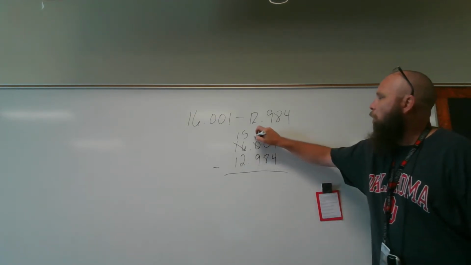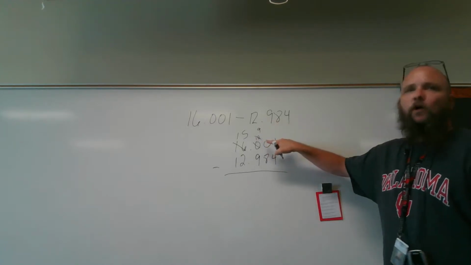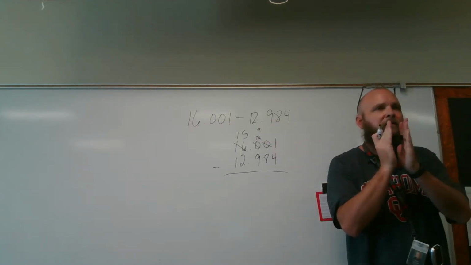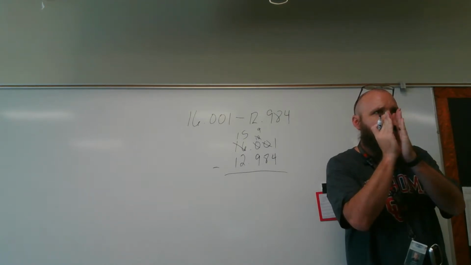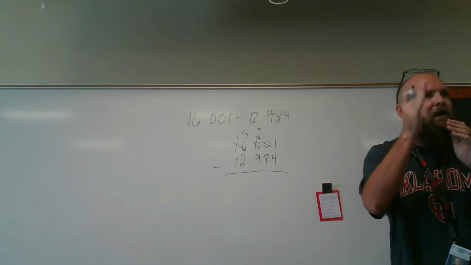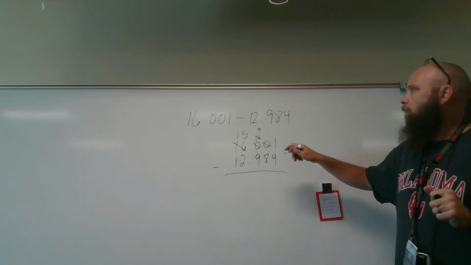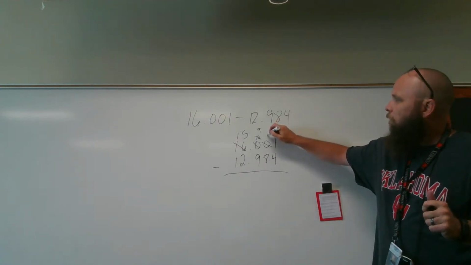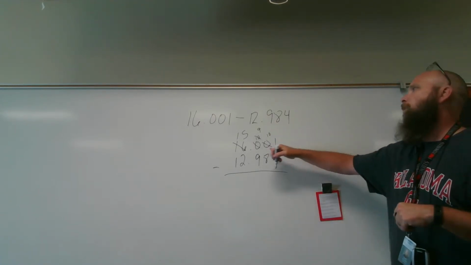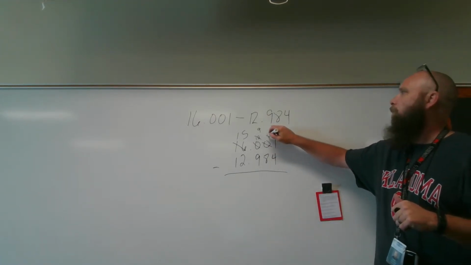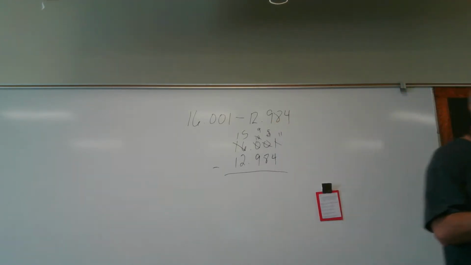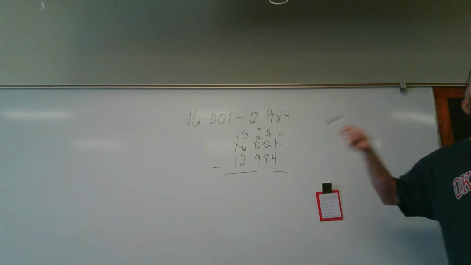So I have to borrow one of those 10 and make it into hundredths. Okay, so I have one column, but each of those blocks in the column is divided into 10 pieces. That gives me thousandths. So I'm going to have 10 hundredths. I need to break those 10 hundredths into thousandths. So I'm going to have 11 thousandths. I did not change the value.